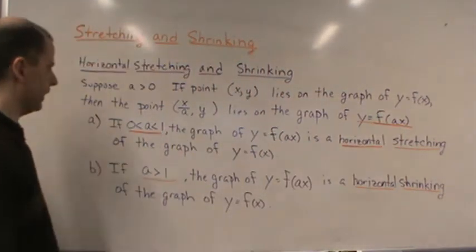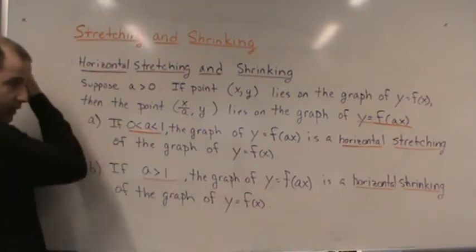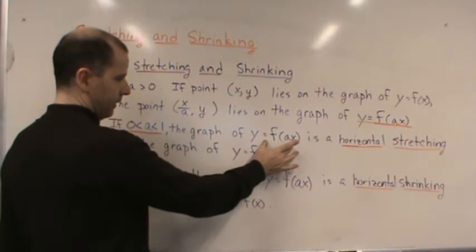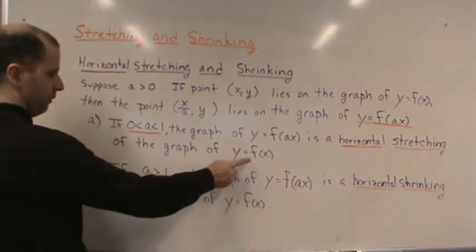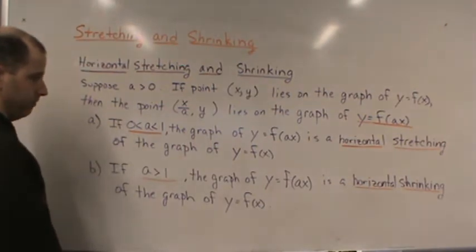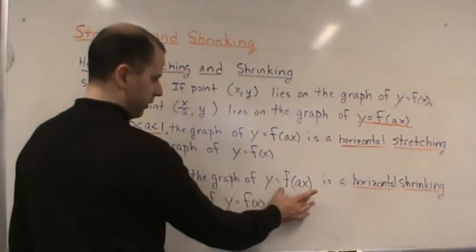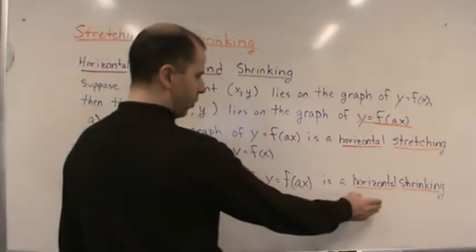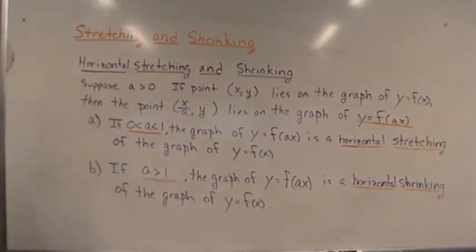If a is between 0 and 1, the graph is a horizontal stretching of the original parent function. If a is bigger than 1, the graph of f(ax) is a horizontal shrinking of the original parent function.